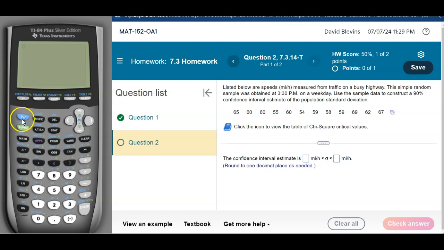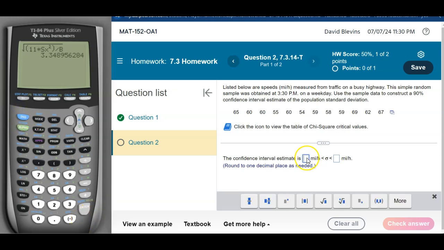So clear, it's square root, my degrees of freedom, there's again 12 values total, so my degrees of freedom is 11, times s squared. If I press VARS, go down to stats, I did my one variable stats a little bit ago, Sx was calculated, so I can square that. Alright, and then this needs to be under the parentheses too, insert a parenthesis, and divide by alpha B.